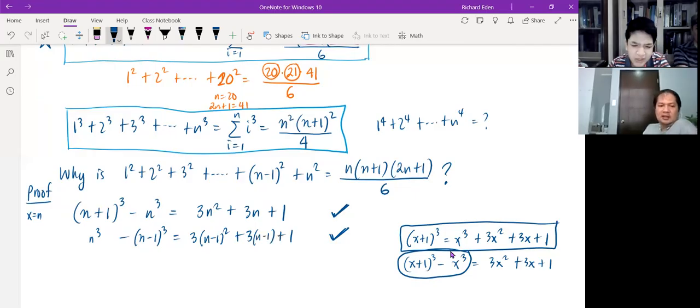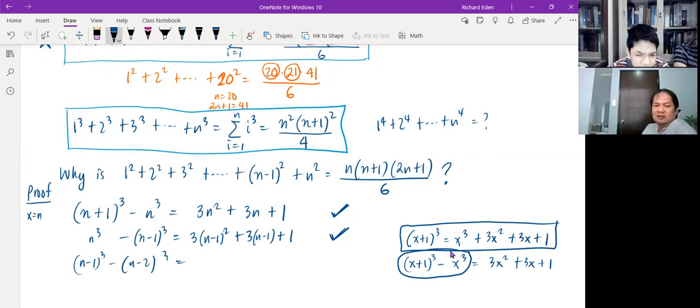Good. All right. So it stands to reason if you have n minus 1 cubed minus n minus 2 cubed, it will be still the same, right? Very, very similar, except that it will be 3 times the square of n minus 2 plus 3 times n minus 2 plus 1.